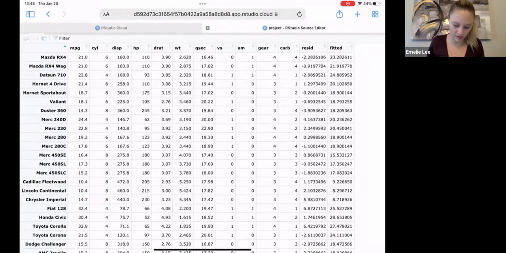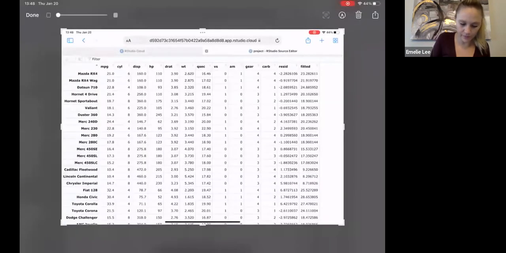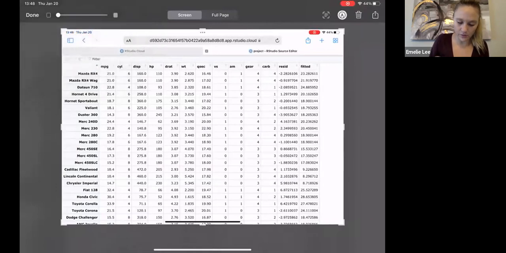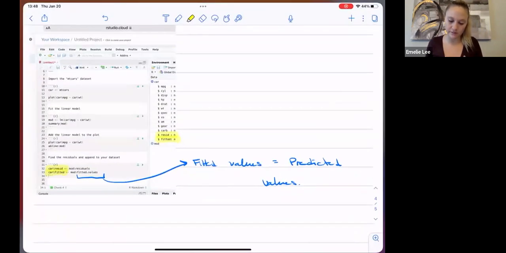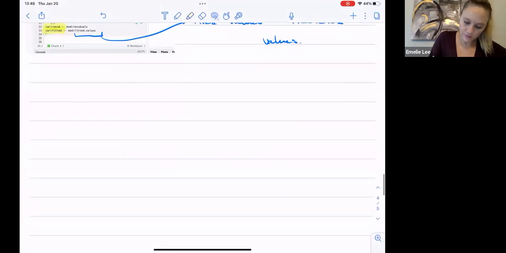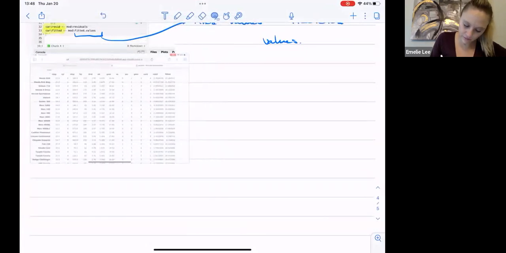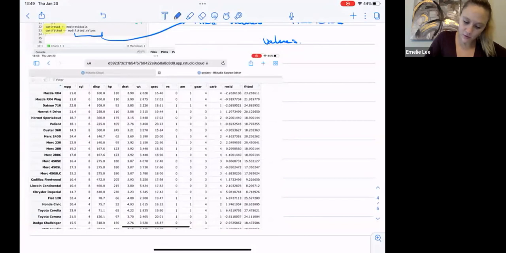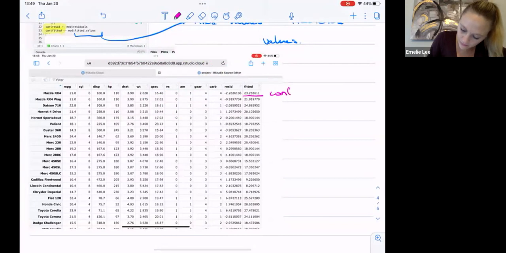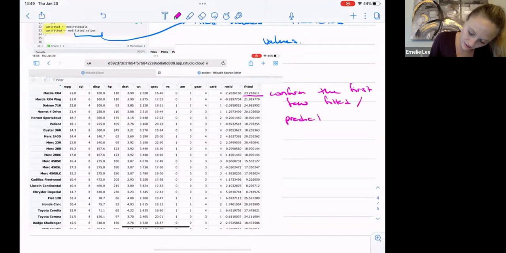That's what I wanted. So now, looks like you can do cool stuff like filter in here, but I've never played around with that. So what I want you to try is just confirm the first few fitted or predicted values using the model that we built.